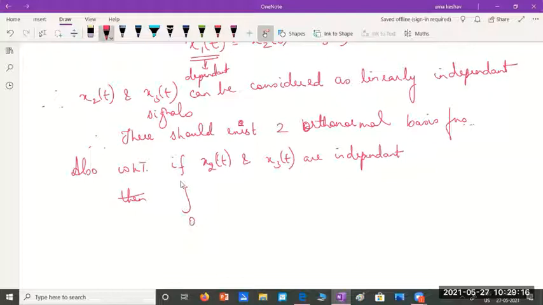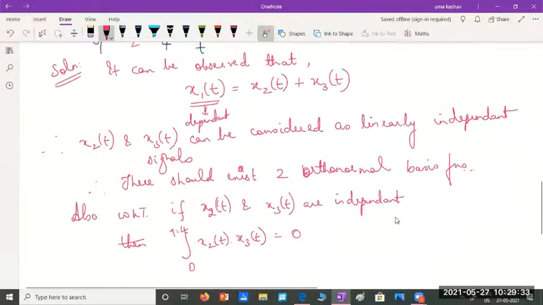In the range 0 to T, total time period T, which is 4, x2 into x3 should be 0. Do I have that? This is another important property for orthonormal basis function choice.